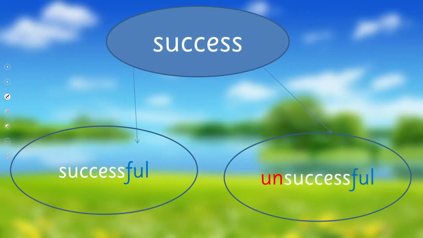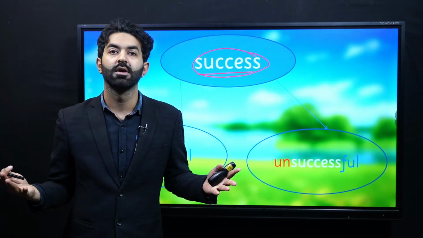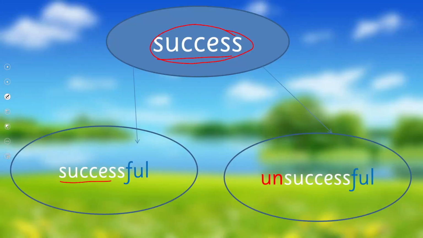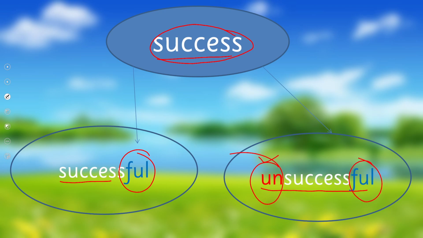Here is a word, success. Now we can make so many different words. We can make the word successful by adding ful. This is a suffix. We can make the word unsuccessful with having a prefix at the start and a suffix at the end.